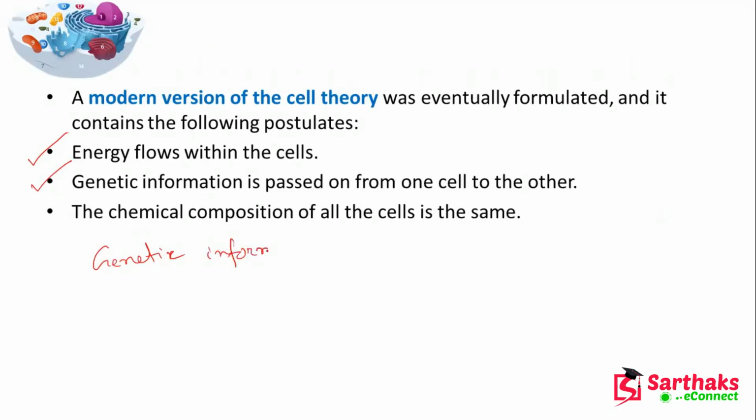This genetic information is passed from one cell to another due to the DNA, because in the eukaryotic cell we have seen that we have the nucleus, and that we have the DNA that carries the information. And the chemical composition of all cells is the same. Okay, so these are the modern versions of the cell theory.